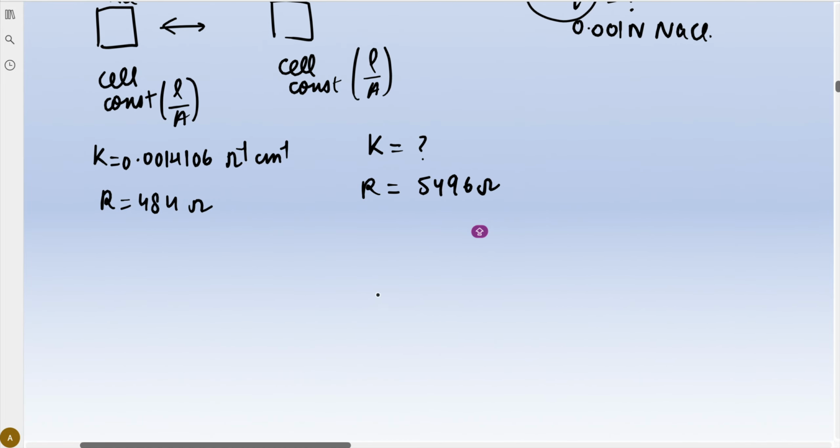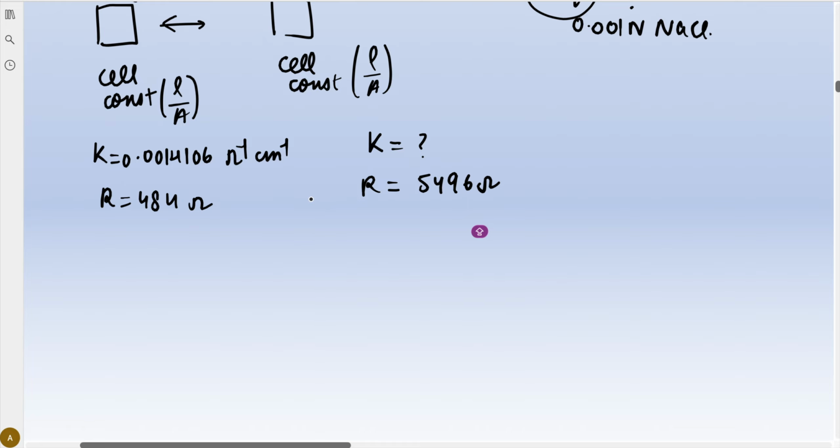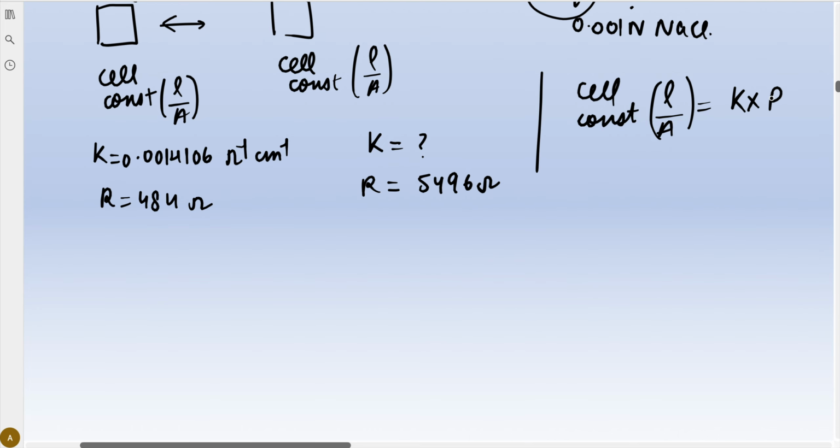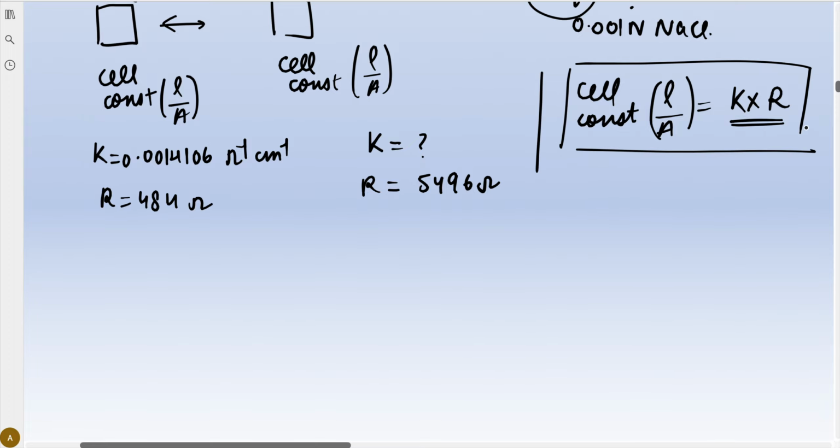So what you need to do, try to see, cell constants are equal. So you know the cell constant L by A will be equal to K, the conductivity, into R, and this equation you try to make. R is equal to rho L by A, then convert into conductivity and resistivity, and then you make out K and R from here. So cell constant means K into R is constant in both the reactions.